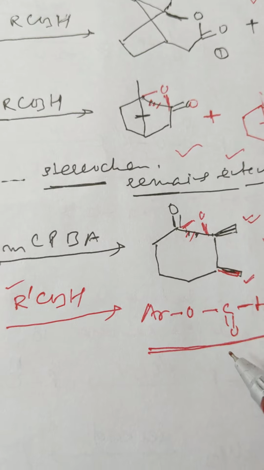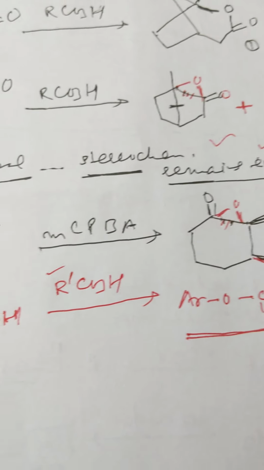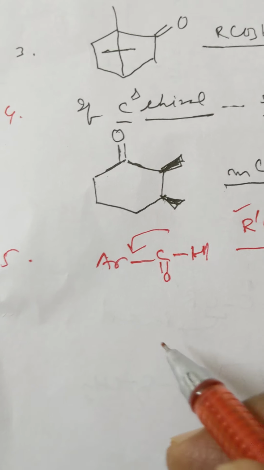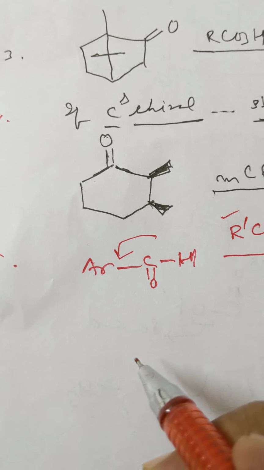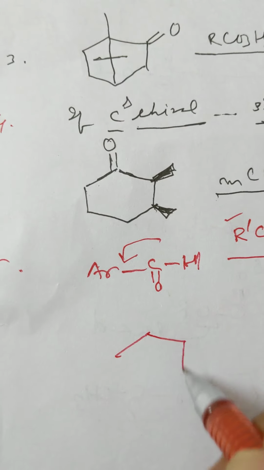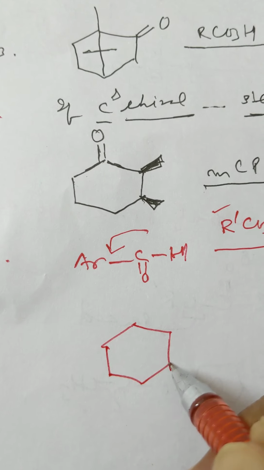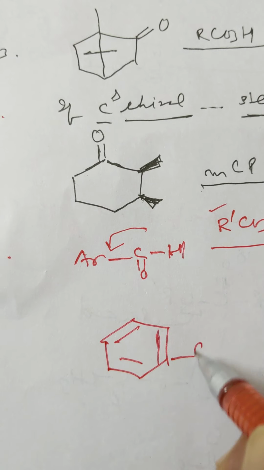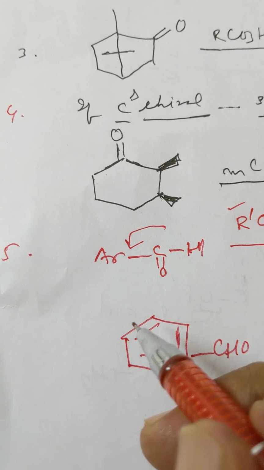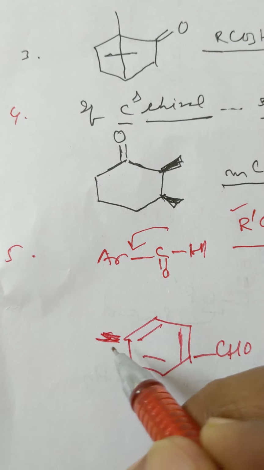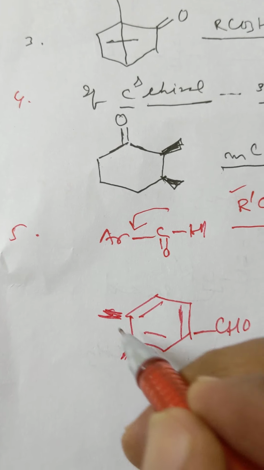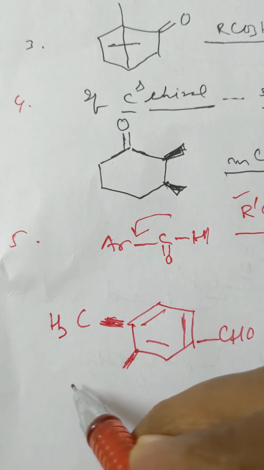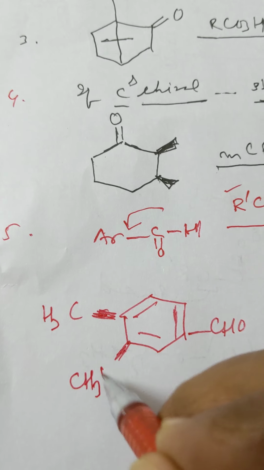And if aromatic aldehydes are like this, then aldehydes are converted into acids. Aldehydes are also converted into acid if it is like this. For example, see, it is like this. We have an aldehyde, and we have some electron releasing group over here. Now why so? See, why is it a peculiar example.